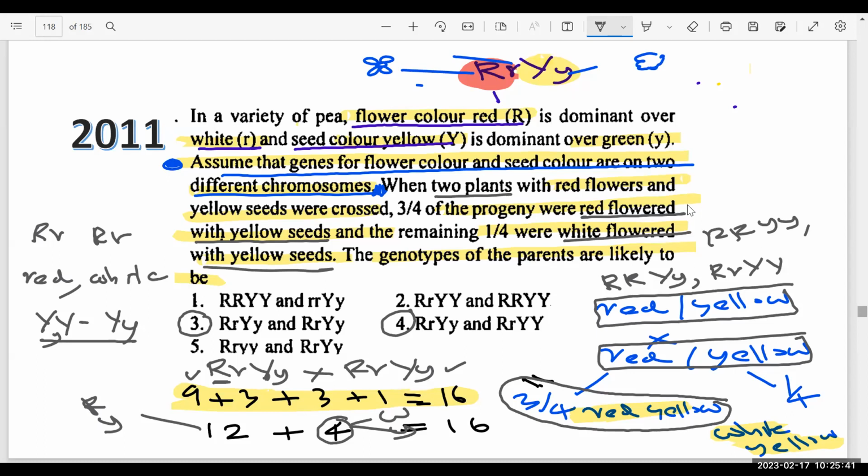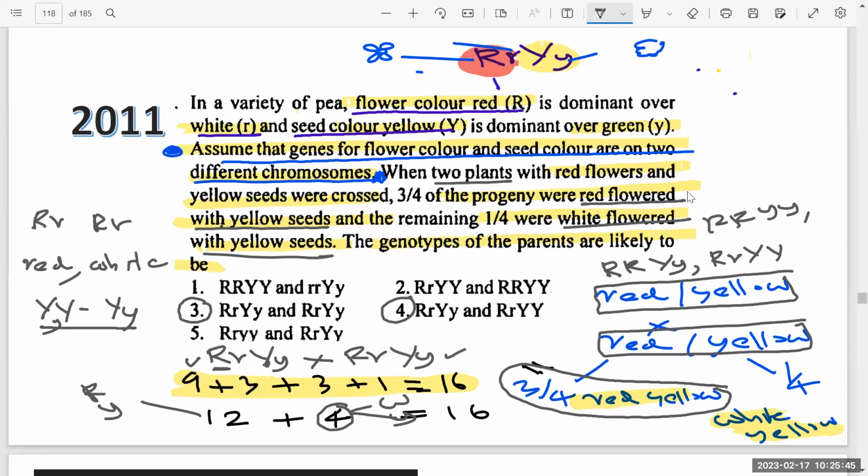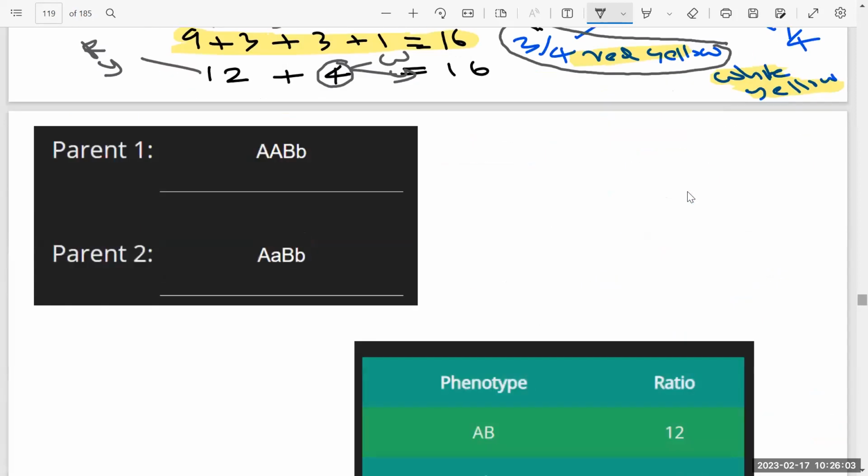Right now, we can also look at an easy way to remember these things. So, heterozygous, 9:3:3:1 ratio. But in a Mendelian dihybrid cross, if we change the genotype, we could get different phenotypes. So one is this.